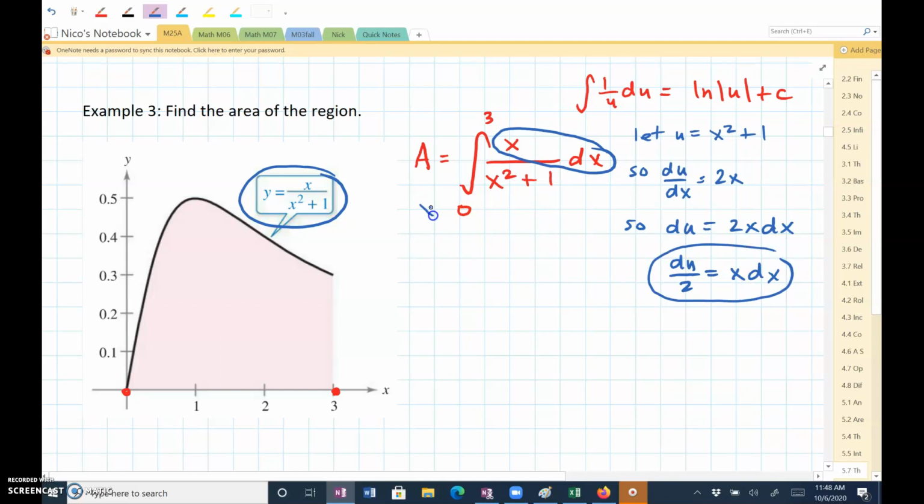Also, I got to change these limits of integration. So notice when x equals 3, u equals 3 squared plus 1 equals 10. When x equals 0, u equals 0 squared plus 1, which equals 1.